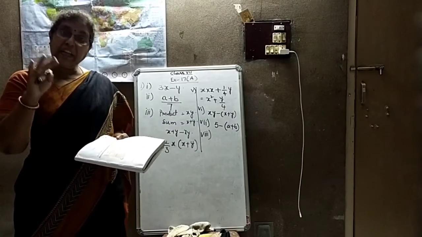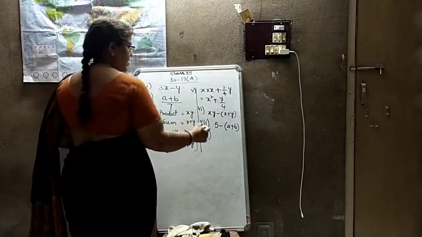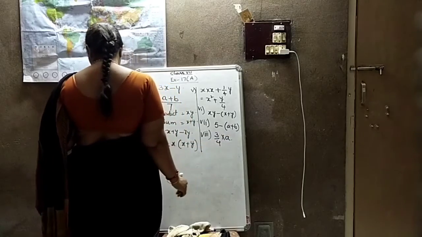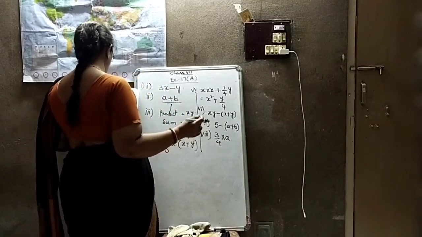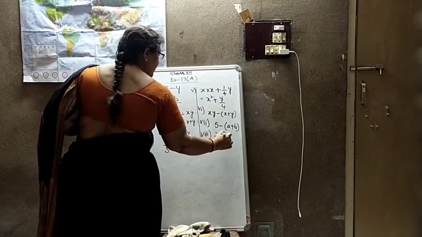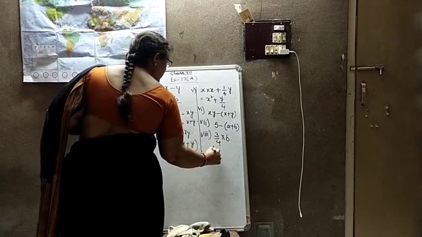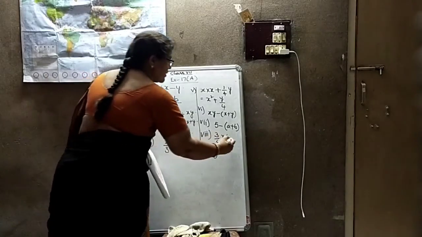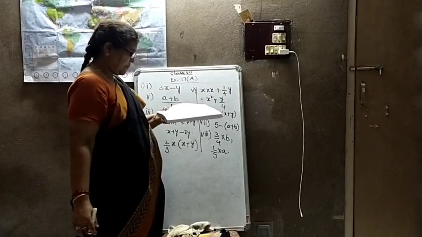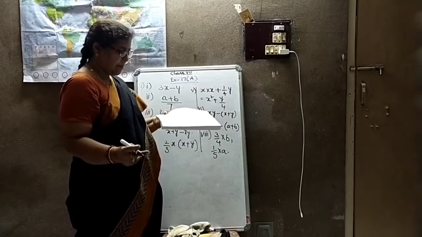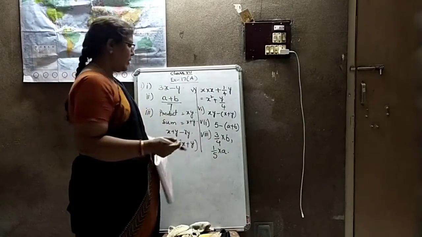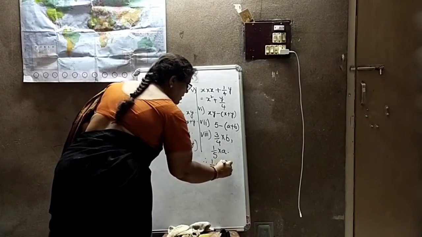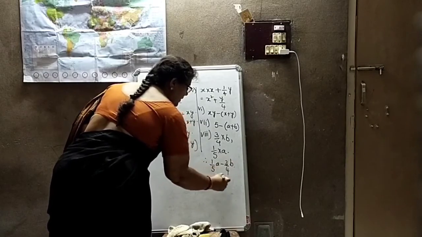Write 1/5 of a number a. Now write the condition. What is given? This is one case and this is another case. 3/4 of a number b subtracted from 1/5 of a number a. Therefore, 1/5 of a minus 3/4 of b is the expression.